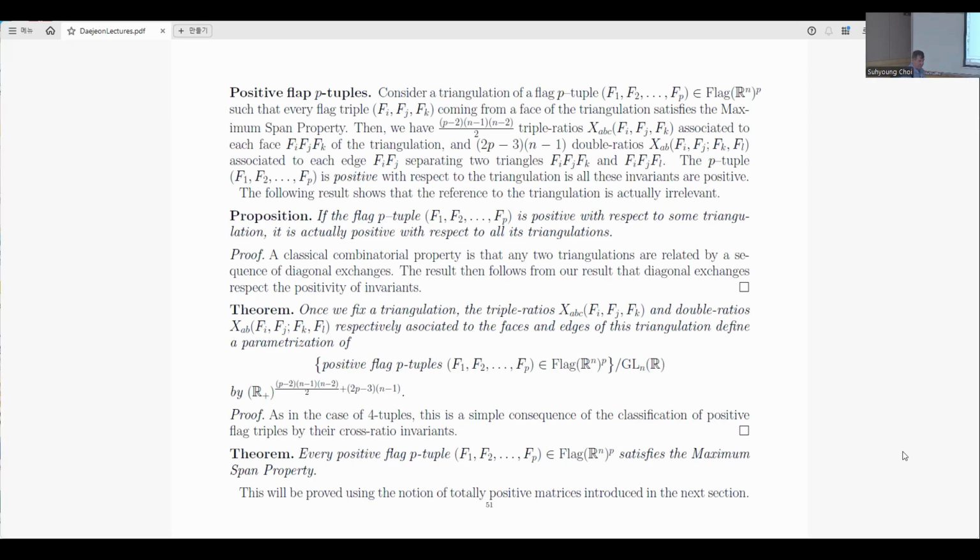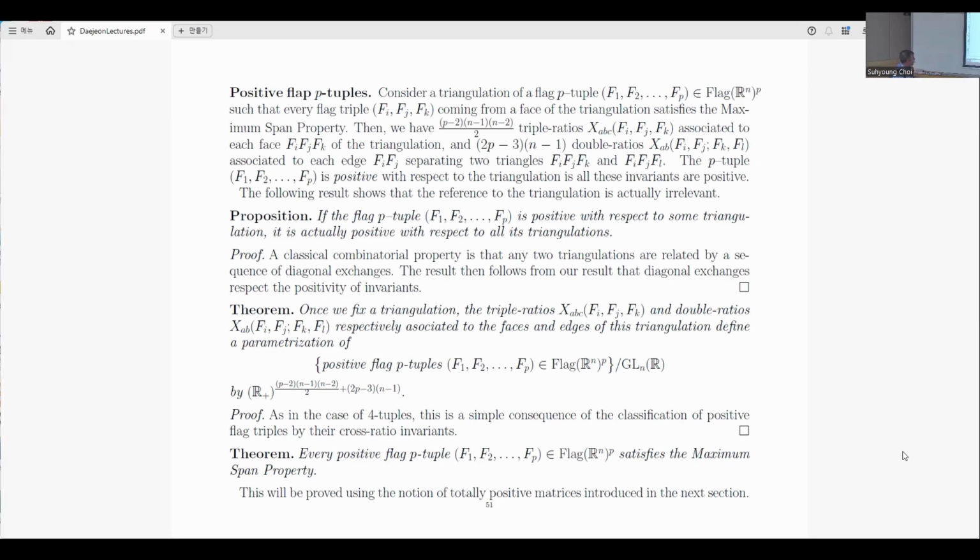So if you do that, you can define triple ratios for each of these flag triples, and also double ratios for each edge of the triangulation. And if I didn't mess up, this is the number of triple ratios, and this is the number of double ratios, like this.